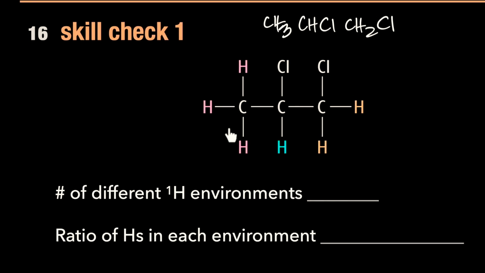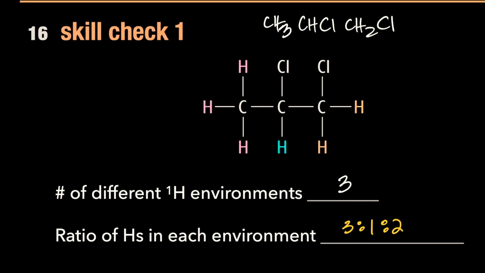So 1, 2, and 3. So there are 3 environments, and of what ratio are they in? 3:1:2. Right now the ratio will be in the sequence, not of the graph, but of the molecule reading from left to right. That's all. This is for our internal use, for me to know, okay, are you getting the sequencing? So the ratio will just be from left to right of the molecule, okay?